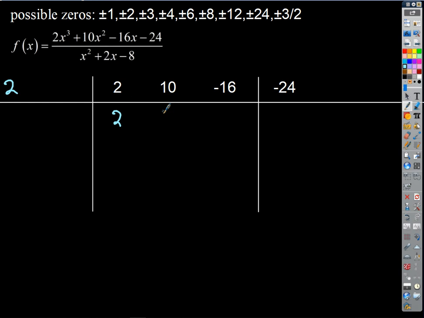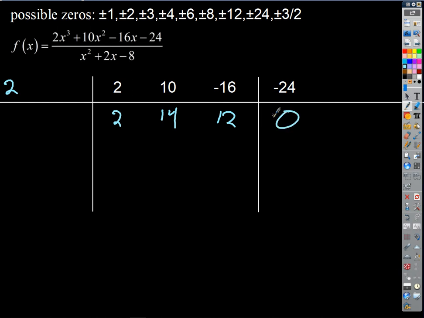Don't you bring the 2 down? So it's 14, 28. Oh, it works, never mind, it works. So 2 times 14 is 28 plus negative 16 is 12. 2 times 12 is 24, plus negative 24 is 0. What do you know?